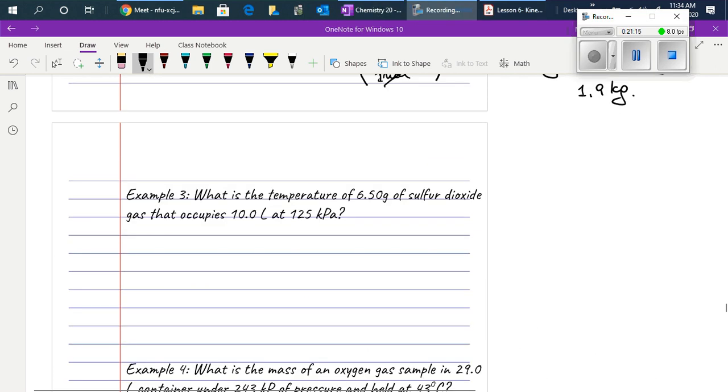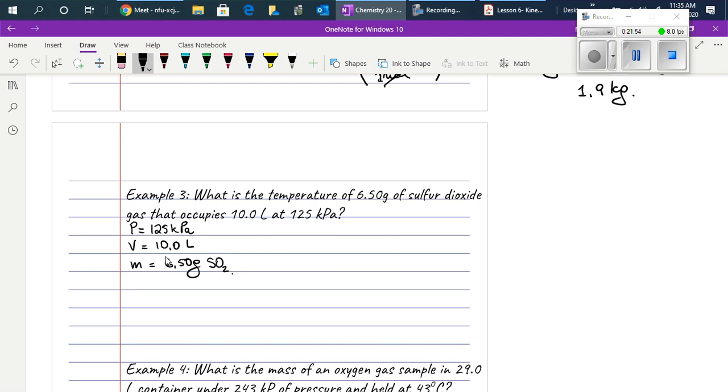The next example is asking you what is the temperature of 6.50 grams of sulfur dioxide gas that is occupying 10 liters at 125 kilopascal. So pressure is 125 kilopascal. Volume is 10 liters. And then what we have is a mass, which is 6.50 grams of sulfur dioxide.